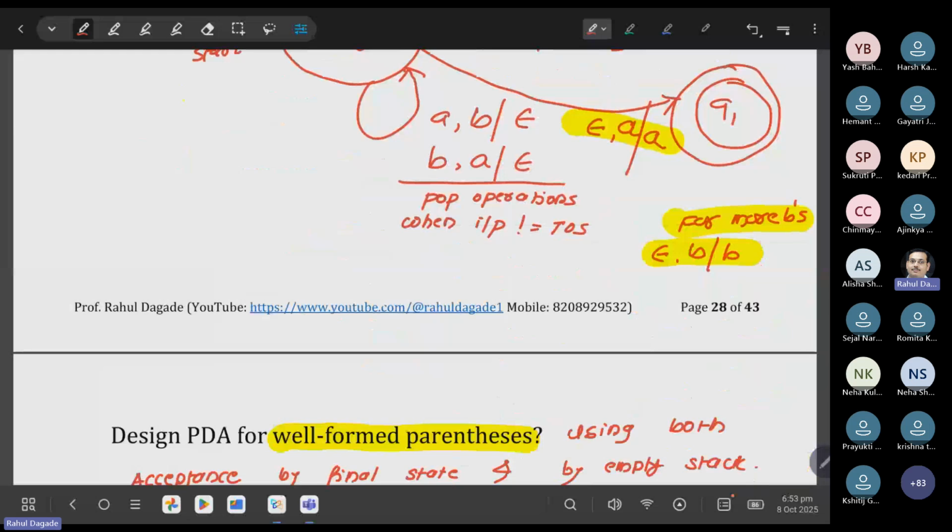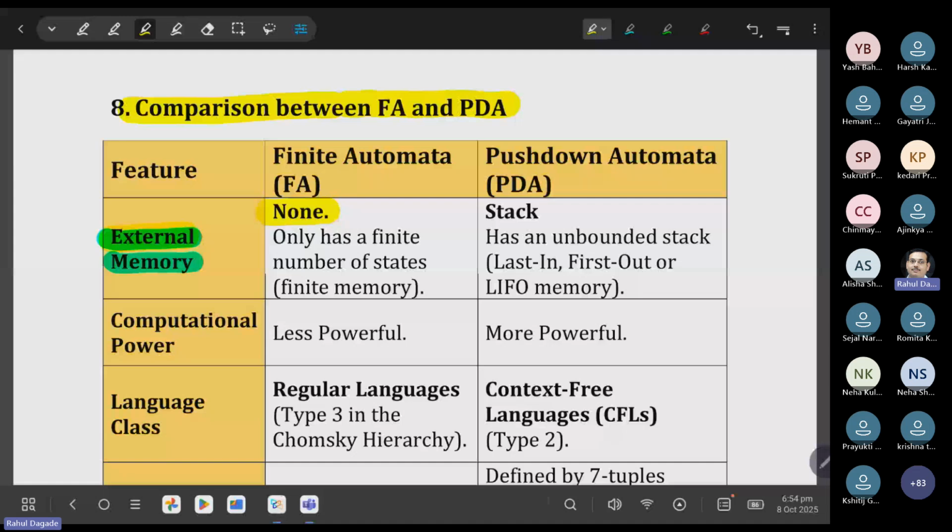The first parameter is external memory. Since finite automata does not have a memory, it is none, while the push down automata has an external memory, the stack.